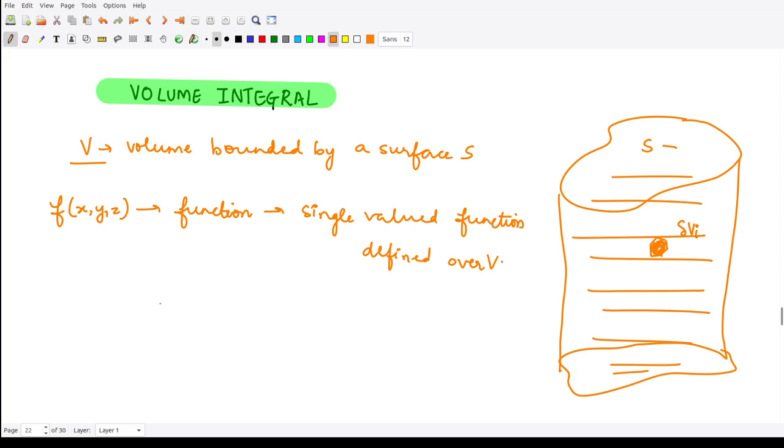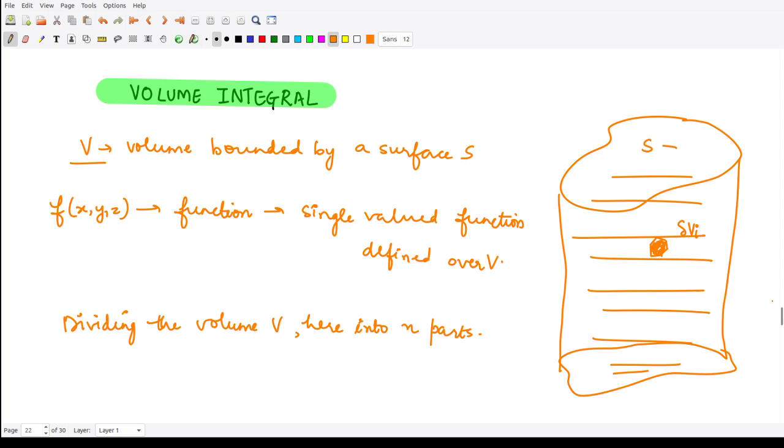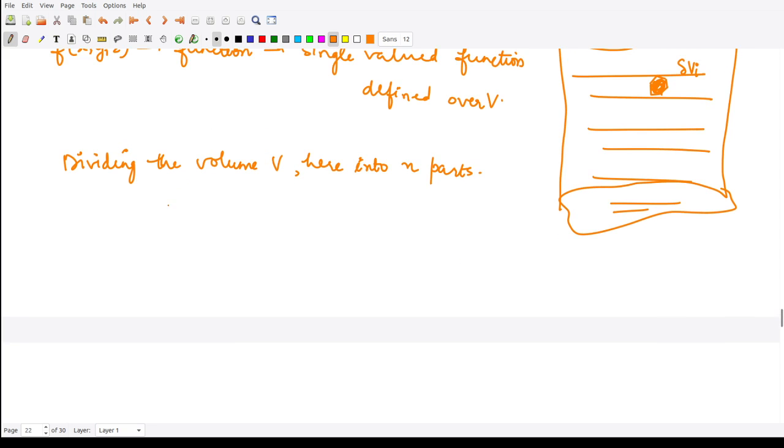So I am dividing the volume V into n parts. This is the volume for one particular portion. For the next portion, this would be delta V1, delta V2 up to delta Vn. So these would be the volumes.